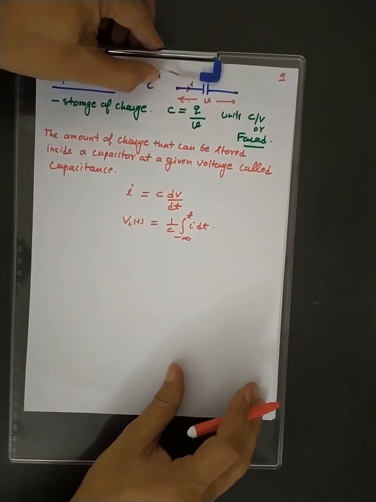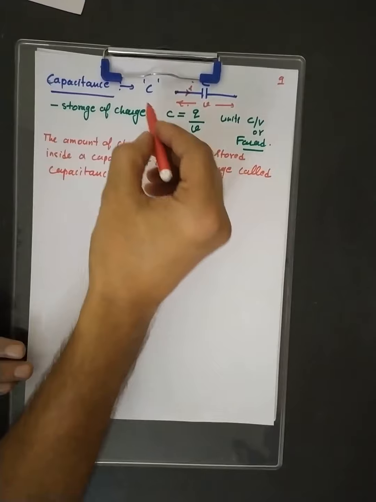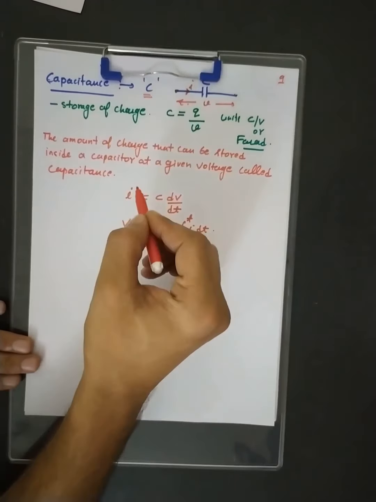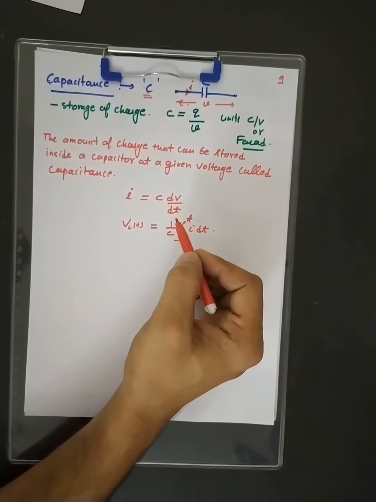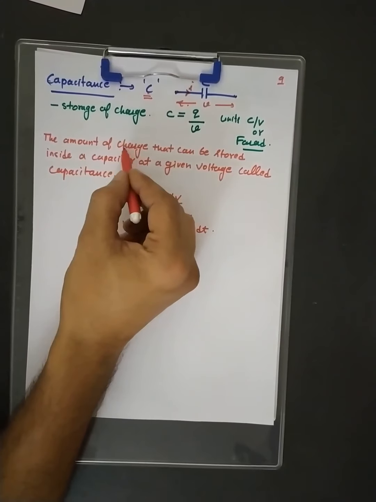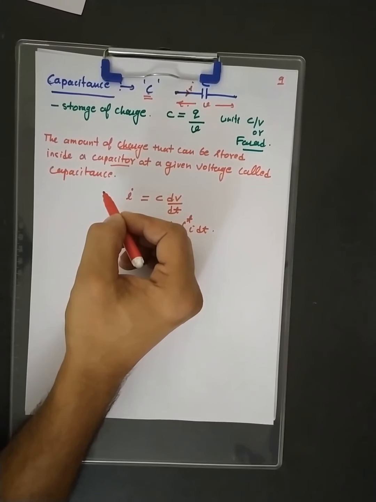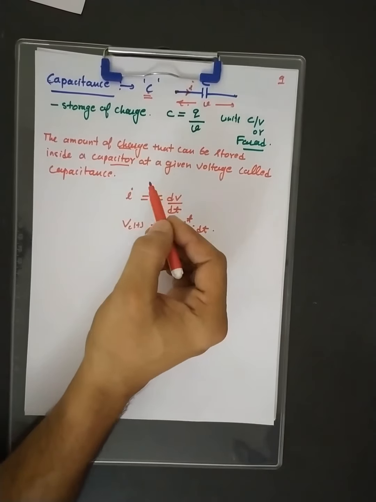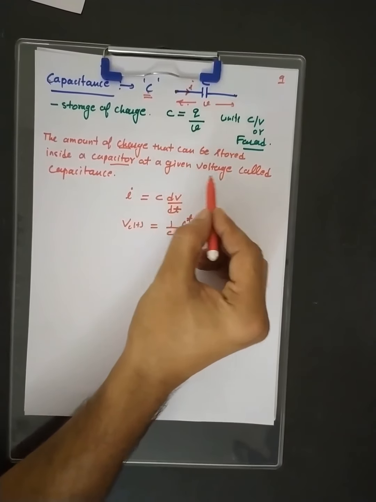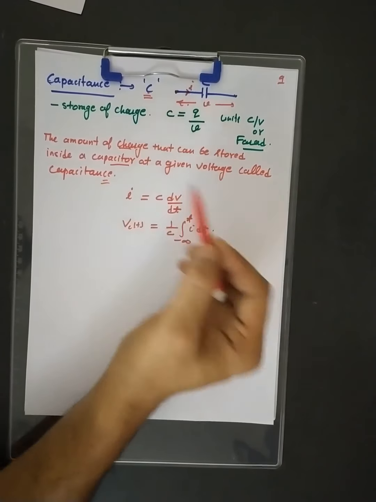Next is capacitance. What does it mean? Capacitance represents the capacity of a capacitor, meaning how much charge can be stored inside a capacitor. The amount of charge that can be stored at a given voltage is called capacitance.